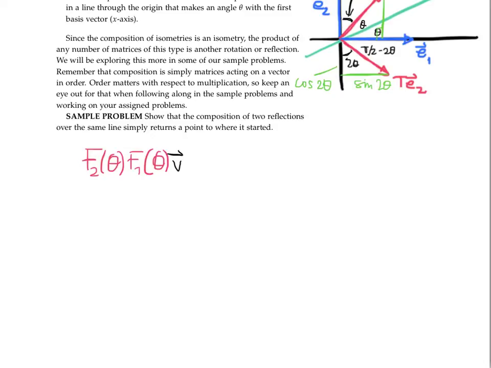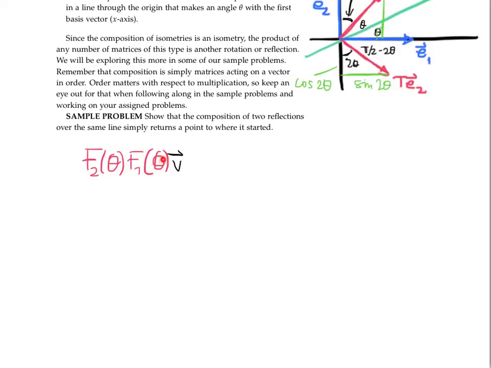That means that order matters here in a way that's a little bit counterintuitive because we're not moving from left to right, we're moving from right to left. The vector is first going to encounter the first reflection and then the second reflection. So what we want to look at are these red terms. What does this total isometry look like? We want to know that the composition of these two reflections returns a point to where it started.